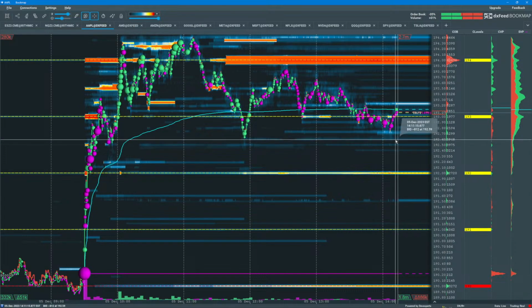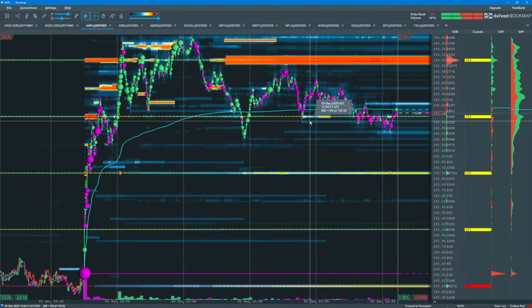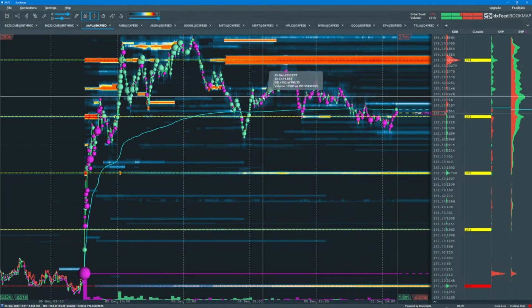Anyway, there's Apple. Good long setup today. Options traders taking their foot off the gas and price consolidating.